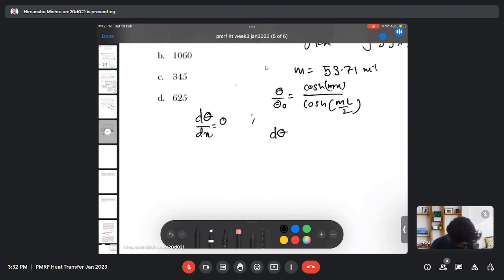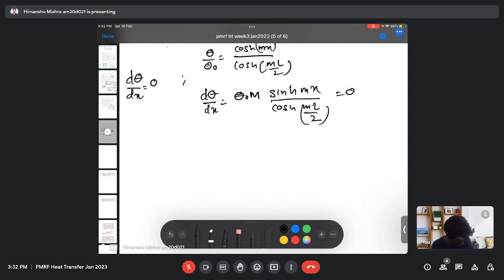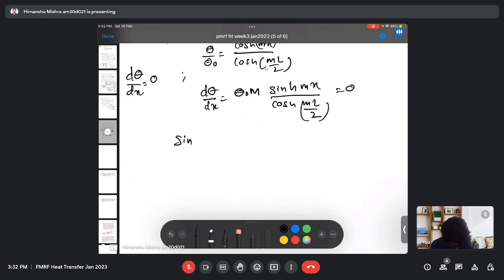Now taking the derivative with respect to x will give me equals to 0. So this expression becomes m x equal to 0.